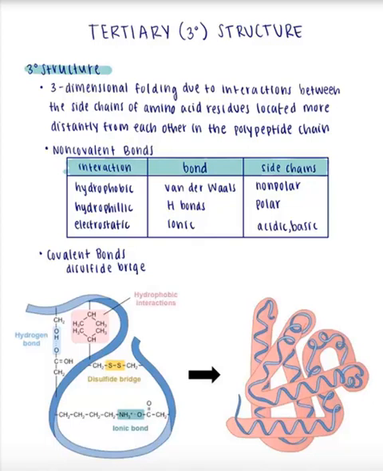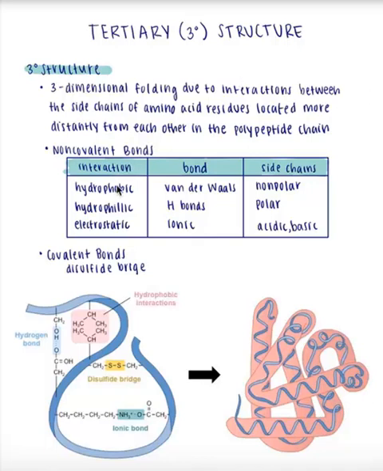The tertiary structure is more of a distant folding rather than local folding, and it's all about side chains. So we're going to have side chains maybe that are further down the polypeptide chain that are going to interact with one another and cause the protein to fold in a certain way. There's not exactly one bond like the primary and secondary structures that define tertiary structure, but there's actually a lot of different options.